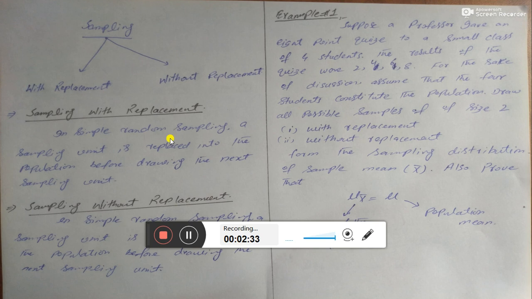And remember, in case of sampling with replacement, the population size remains the same at every successive drawing of the sampling unit. But in sampling without replacement, the population size is reduced at every successive drawing because the population unit is not returned back into the population before drawing the next sampling unit.